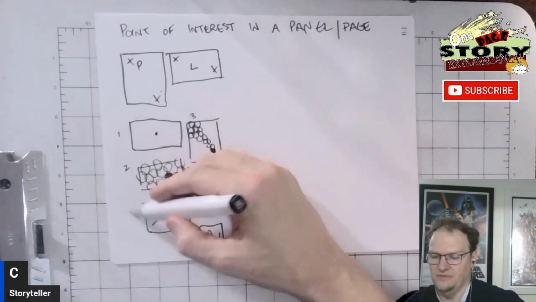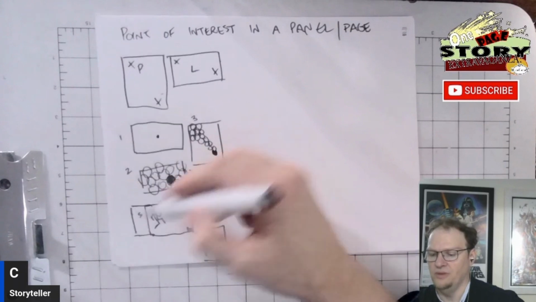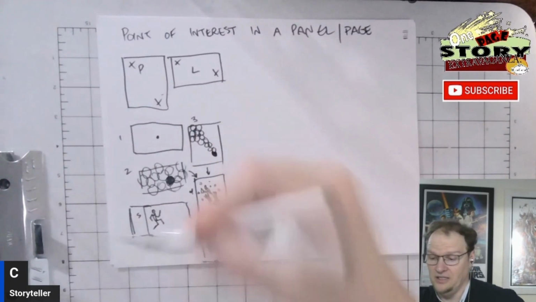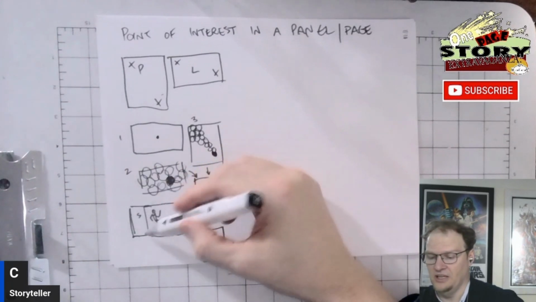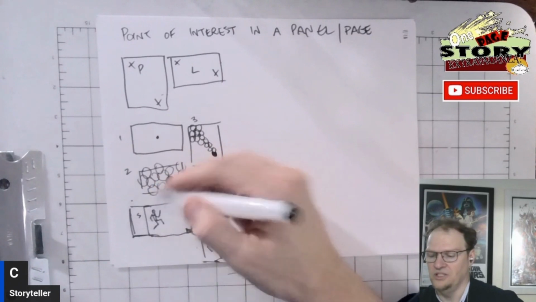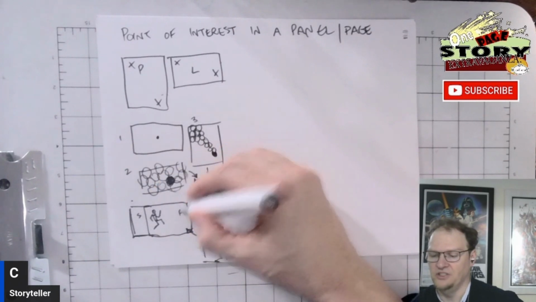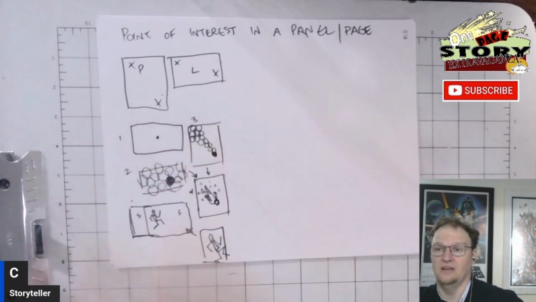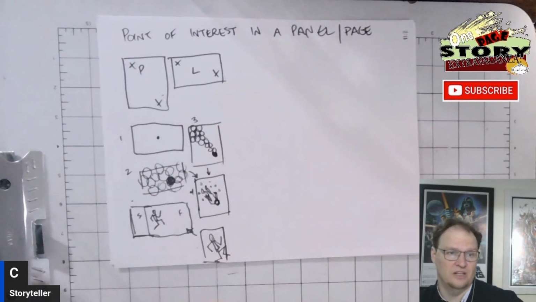Again, this can be done open panel, this can be done as a floating figure, but ideally, if you move the panel out in this way and add more space to either side of it, you can show where he's starting and where he's finishing. You can really play with that and execute those visual elements in lots of fun, different ways.